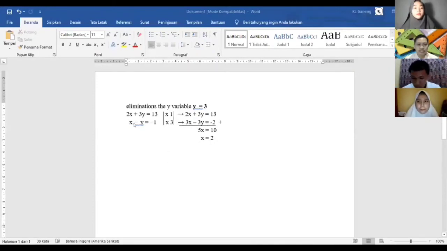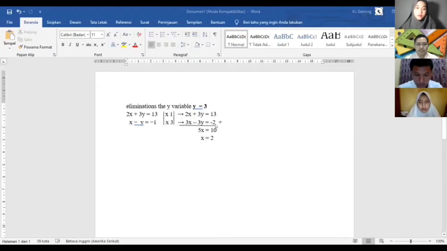The first equation is 2x plus 3y equals 13, and we times 1, and we get 2x plus 3y equals 13. And the second equation is x minus y equals negative 1, and we times 3, and we get 3x minus 3y equals negative 3.